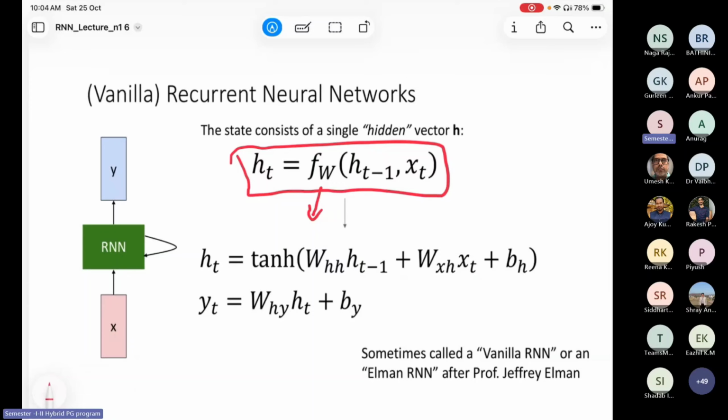If I look here, this is your fully connected layer, and this is also your fully connected layer. The first fully connected layer is getting multiplied with the previous state, and then you are adding this part. This part is again a fully connected layer applied over your input, and whatever you get, you add to this.